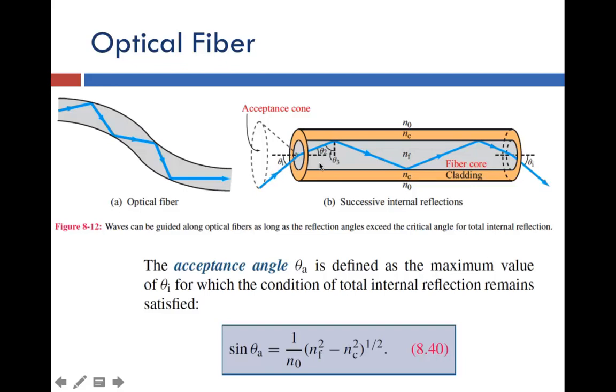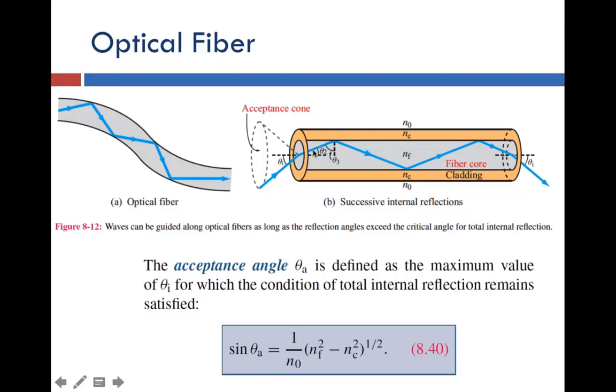So we actually have two boundaries here. One boundary is the boundary between the fiber and the clad. The other boundary is the boundary between the air, or whatever material the fiber is inserted in, and the fiber cable itself. So first of all, our incident angle comes in and it's refracted to an angle theta 2.